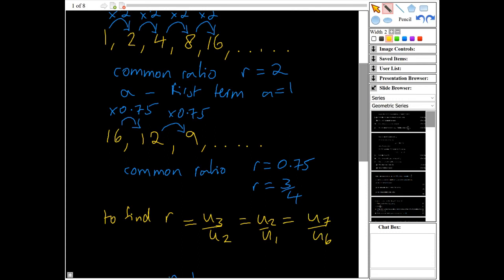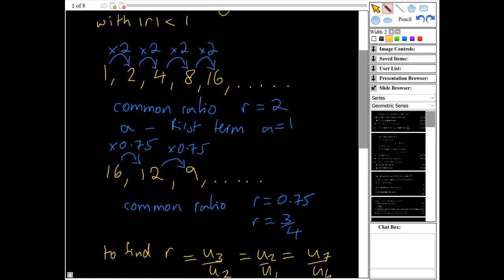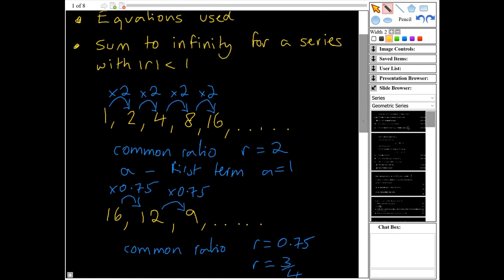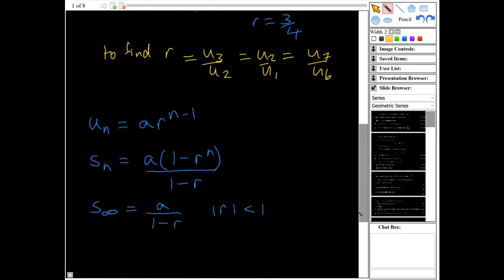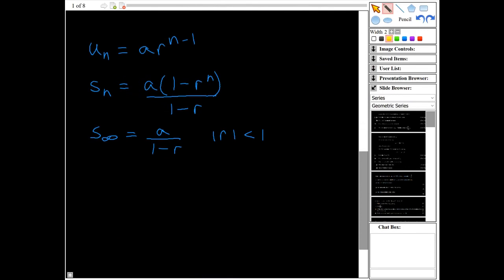So in the first one, I could do 8 divided by 4 is 2, 16 divided by 8 is 2, 4 divided by 2 is 2. In the second one, I could do 12 divided by 16 is 3/4, 9 divided by 12 is 3/4, and so on. Okay, so what I'm going to talk about next is the equations which are used. So I've written the equations down here. So this is to work out the term.